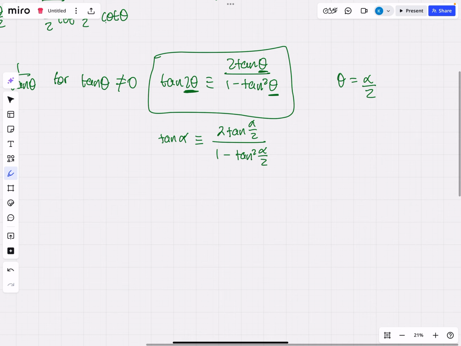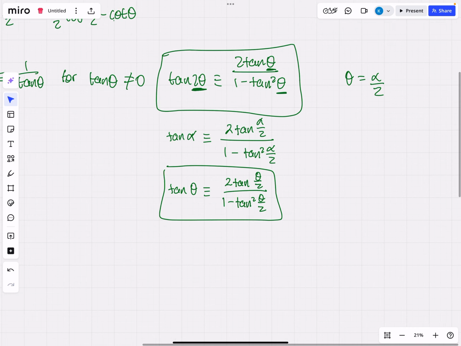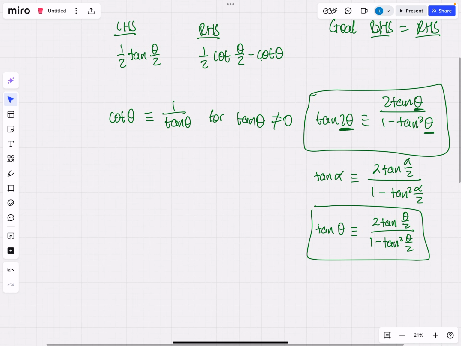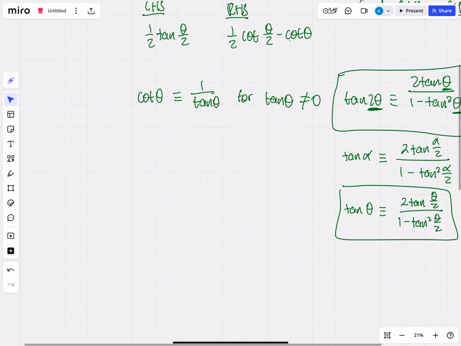But alpha is just some dummy variable. So really, the statement tan theta is congruent to 2 tan theta over 2 over 1 minus tan squared theta over 2 is a true statement. And we can use this to prove that the left-hand side equals the right-hand side.